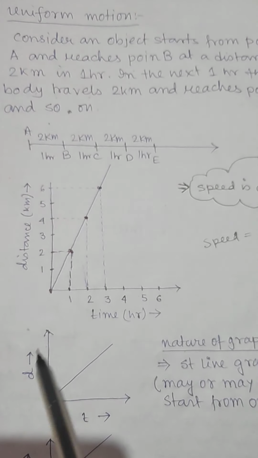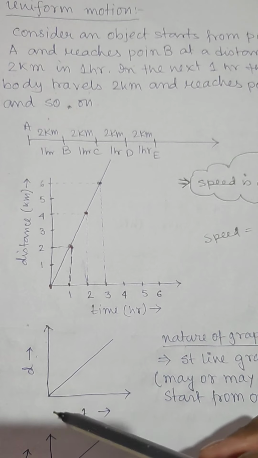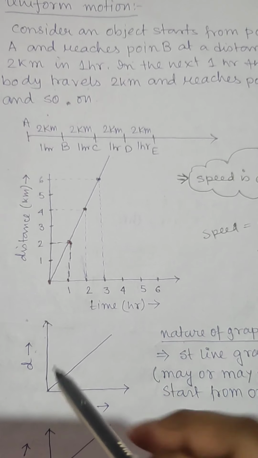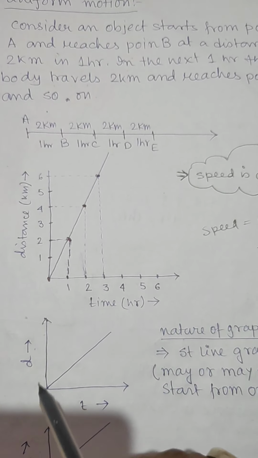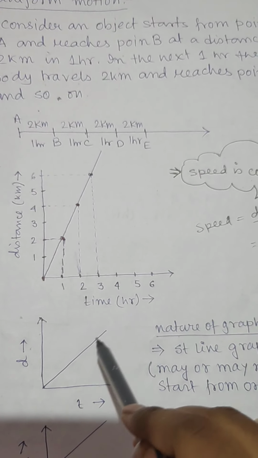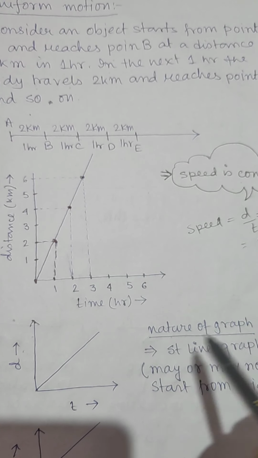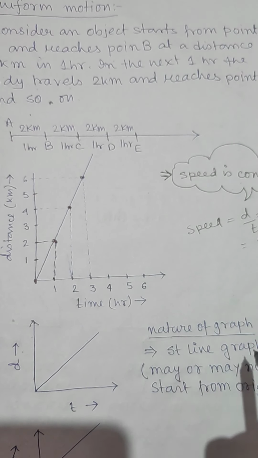Okay, now let's see the nature of the graph. This is your distance-time graph. If a question comes to draw a graph for uniform motion, you have to draw this graph: distance or displacement on the y-axis, time on the x-axis, and the graph will be a straight line. If the question comes, what is the nature of the graph? The nature of the graph is a straight line graph.